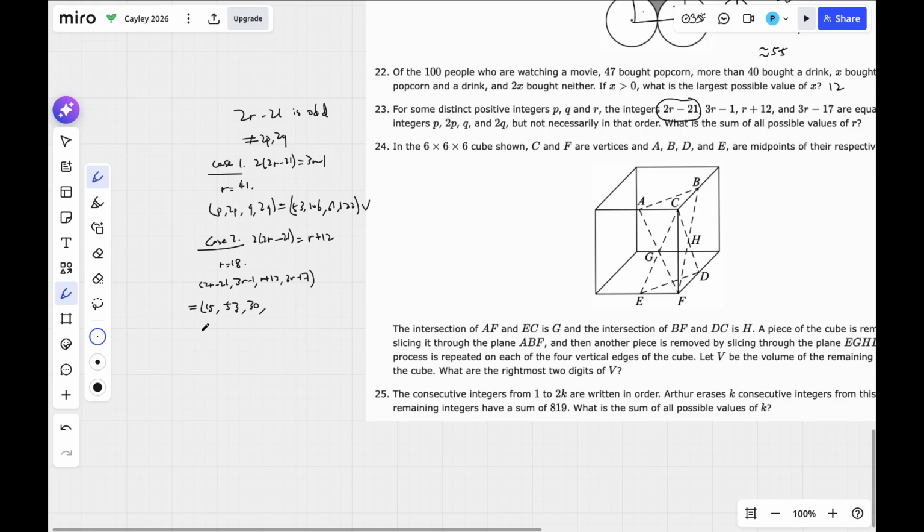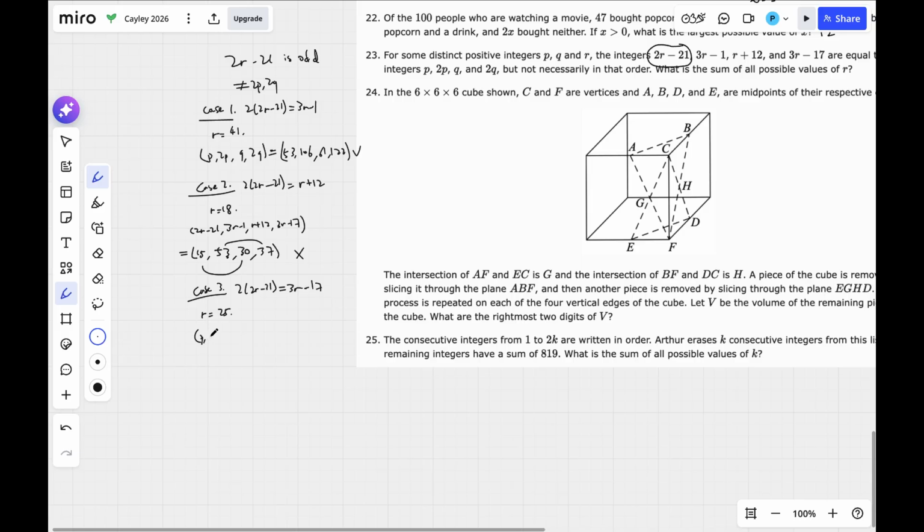If we substitute it back into the 4 numbers, 2r minus 21, 3r minus 1, r plus 12, and 3r minus 17, we get the numbers 15, 53, 30, and 37. We see a clear p and 2p in the numbers 15 and 30, but the other two are not q and 2q. So this case has no solutions.